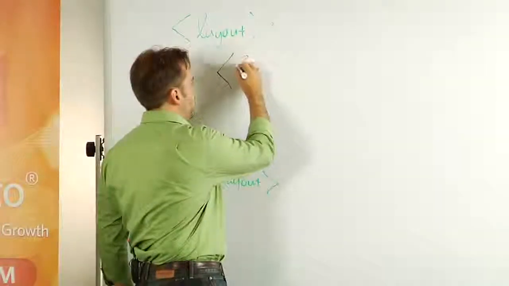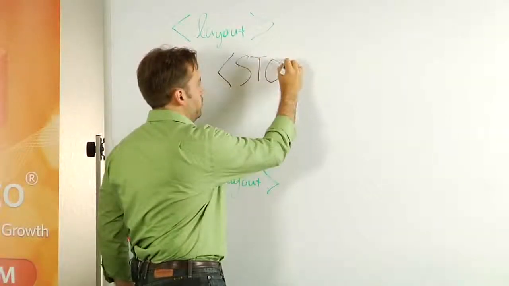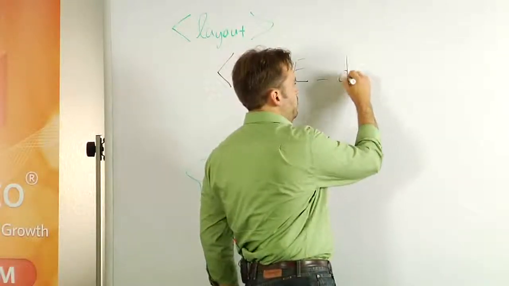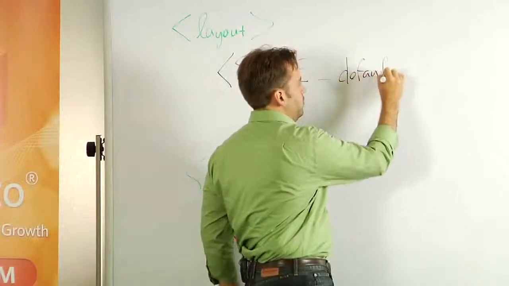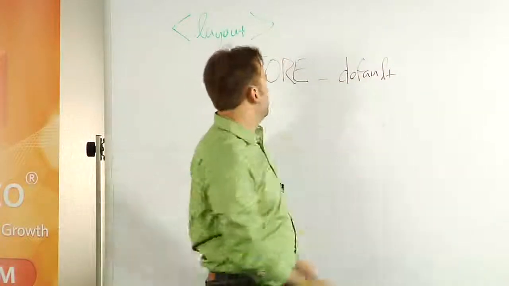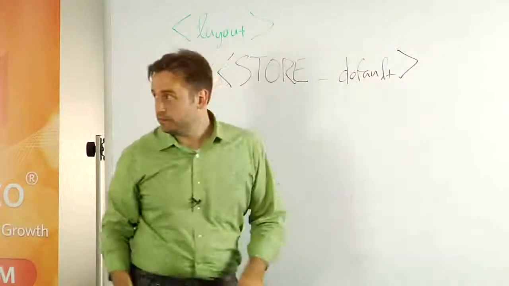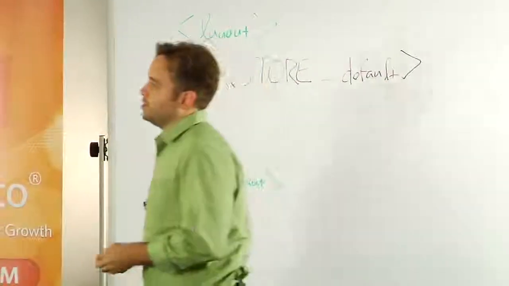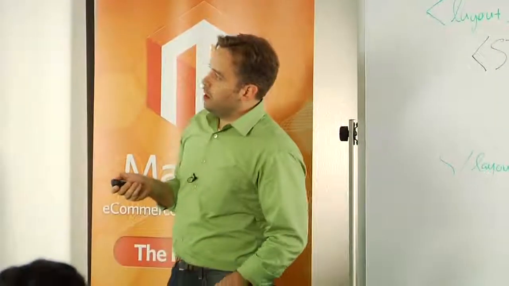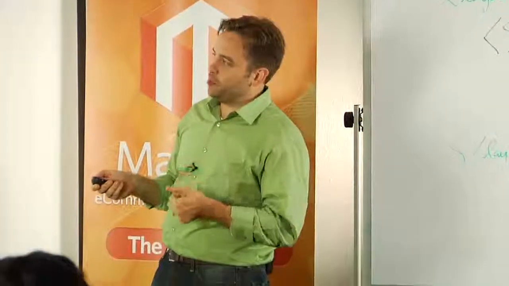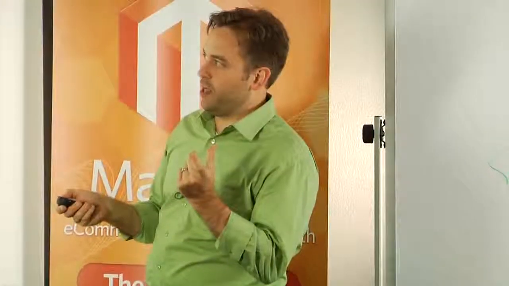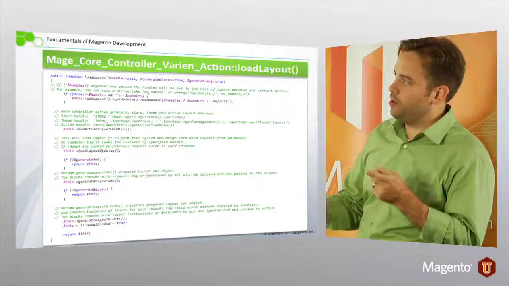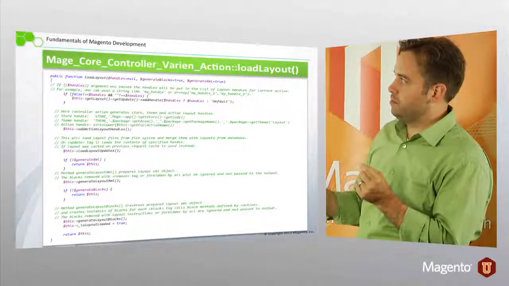This one's automatically generated: store, and then store code. For my English, it would be default, or French or German, and I could put some instructions in here. The theme handle would be theme underscore and then frontend. Package name would be, if I was using the default configuration, frontend, enterprise, default.